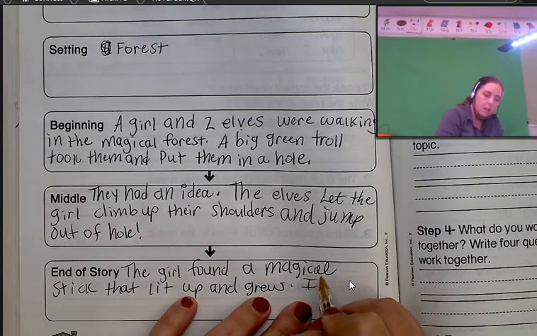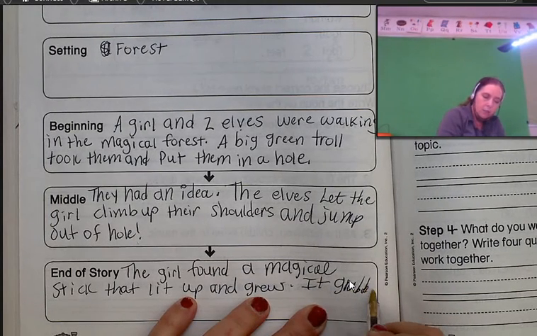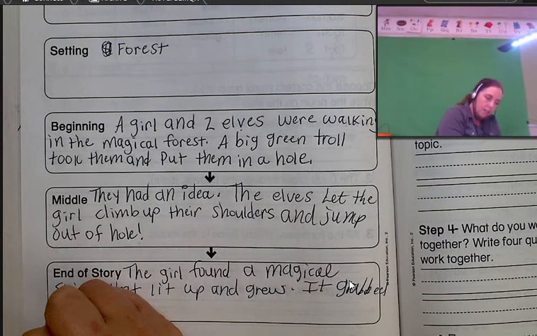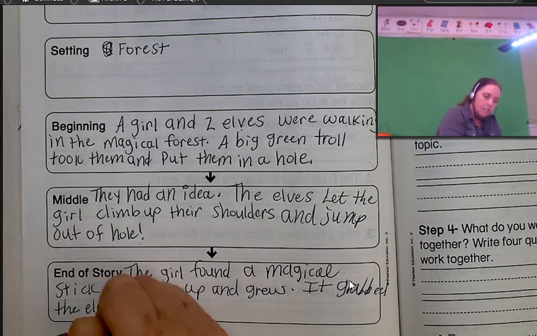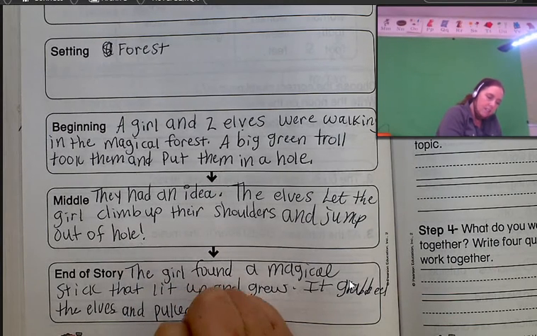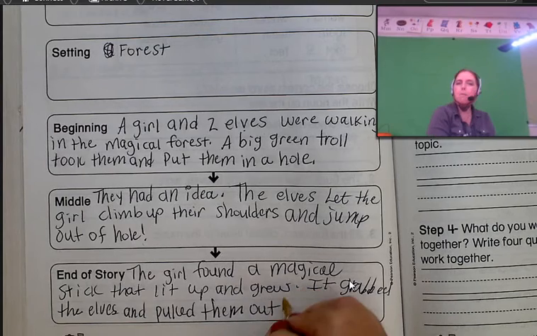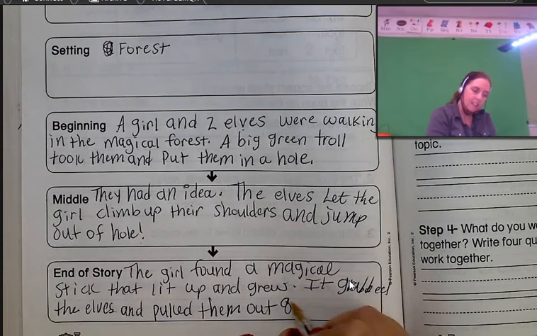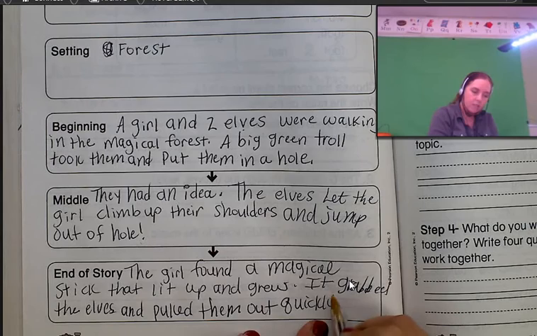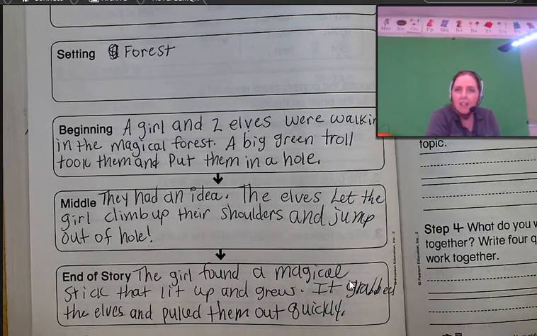I'm just going to say it grabbed the elves and pulled them out. Quickly, it pulled them out quickly. I'm going to say they ran home as fast as they could and they lived happily ever after.